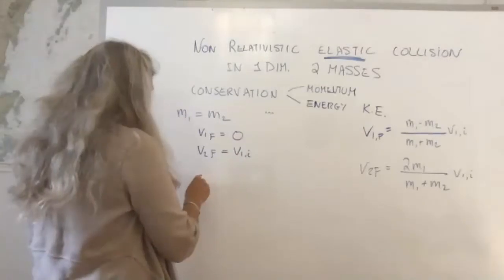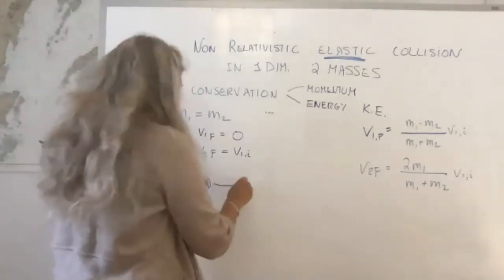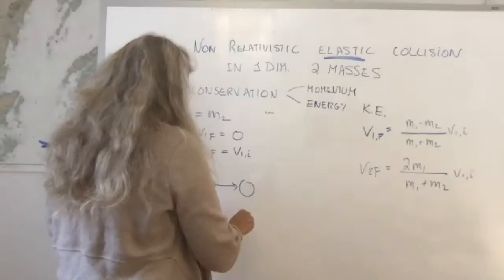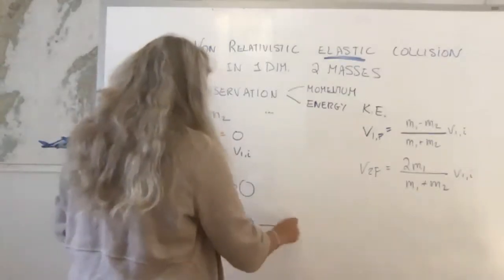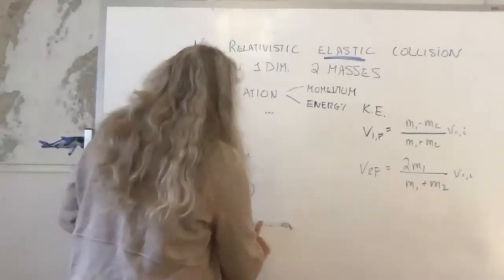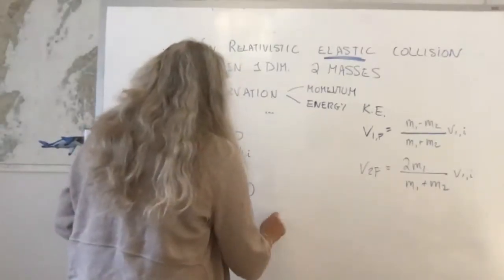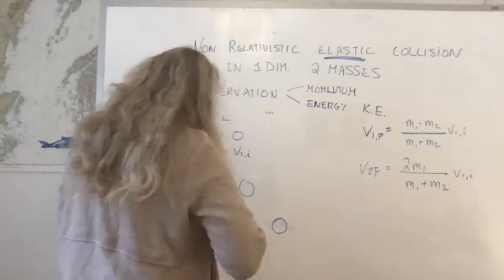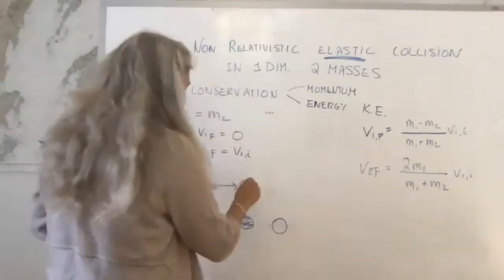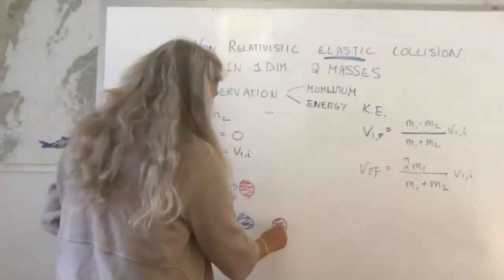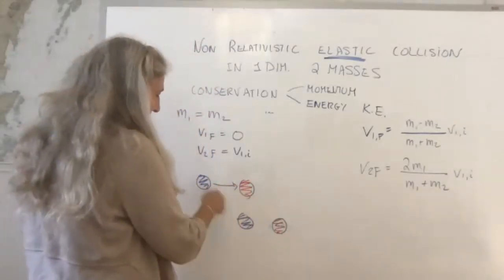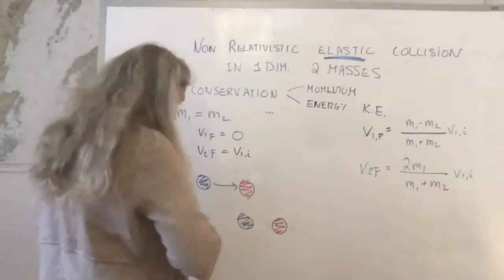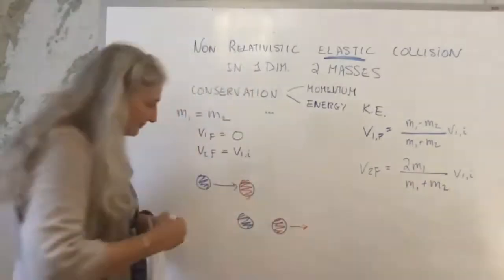So what actually is happening is this one comes in and hits this one, and then afterwards he's fixed, and the second one leaves. I'll draw it this way. This one comes in, hits that one, then stops, and this one keeps moving like that.